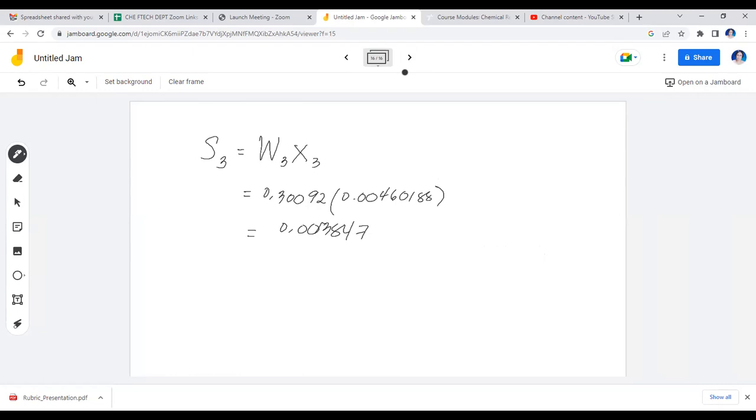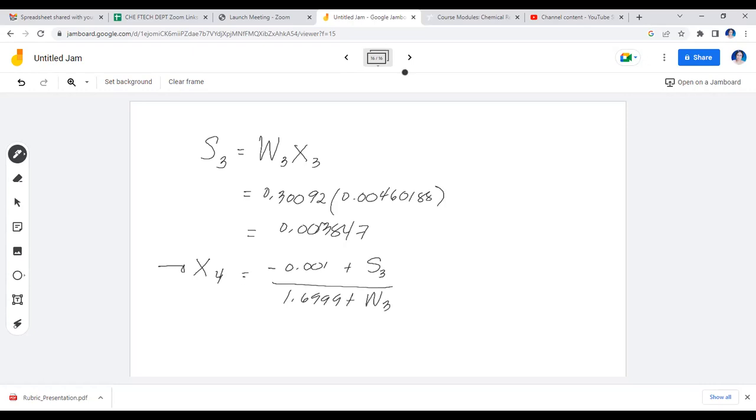S3. So we continue with the last, X4. I'll tell you later why you need to stop already. X4 will be equal to negative 0.001 plus, of course, this is S3 over 1.6999 plus capital W3.